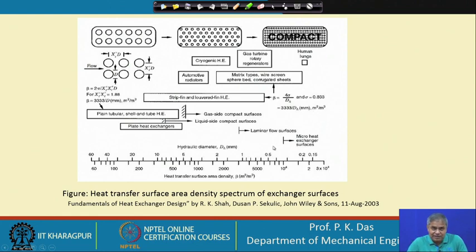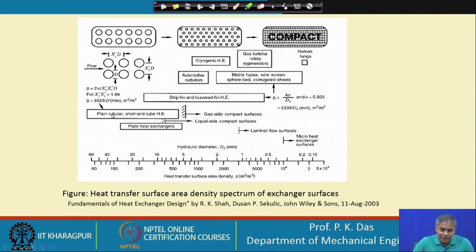Quite a few other things are there in this figure. Let us spend some more time. As I have told, plain tubular shell and tube heat exchanger is most commonly used in a large variety of industries, and is one of the oldest types of industrial heat exchanger to be invented by human beings.